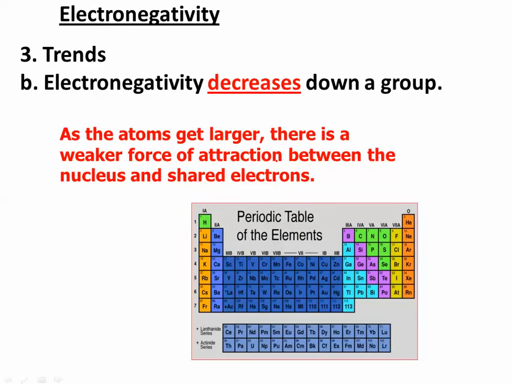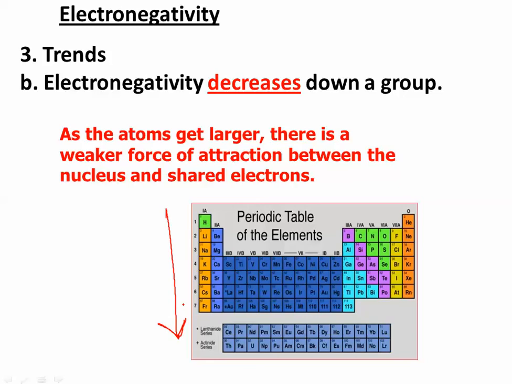All right, so that's a little reverse. Down a group, it decreases. So the reason is, as atoms get larger, there's a weaker force of attraction, so electronegativity decreases.